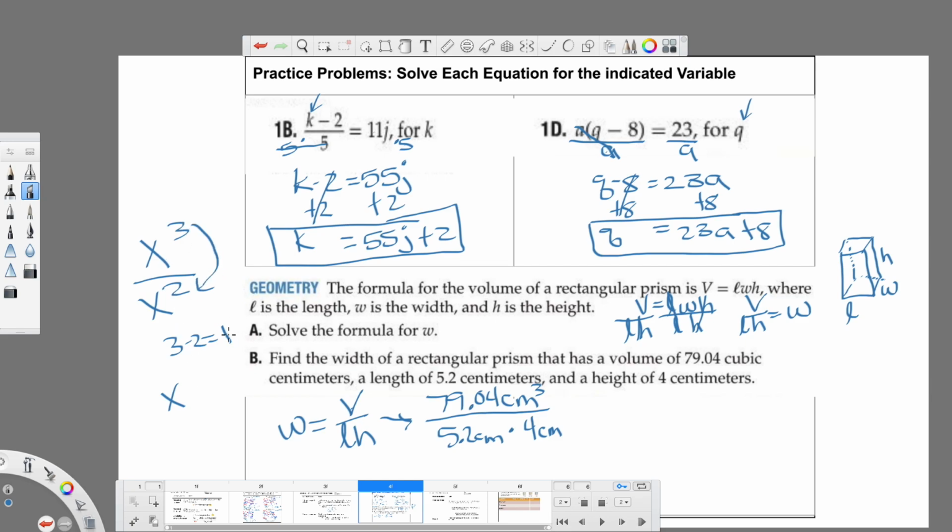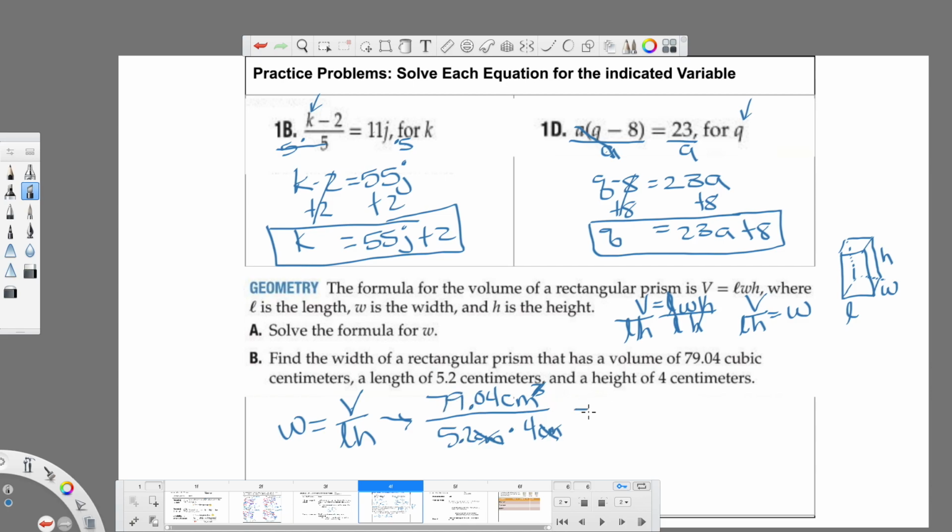Well, it's the exact same idea for the units, as long as they match up. So if I have 3 here, I can take 1, 2, and if I take 2 away from 3, I have 1 left over. So I'm just going to cross this off and leave that centimeter there, showing that I have centimeter left. So now all I have is this 1 on top. Really, these are gone, okay? All right, now I just have to deal with the numbers here.